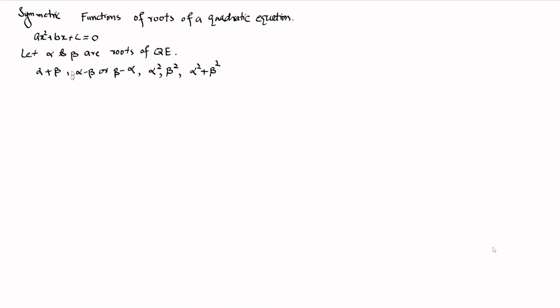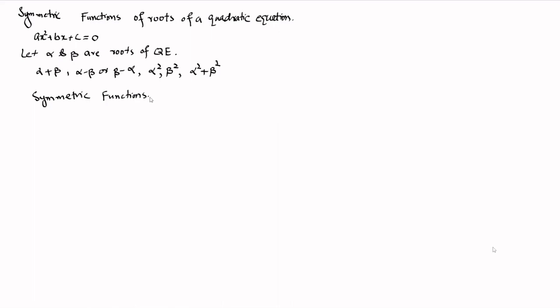Now what is a symmetric function? Symmetric functions are those functions in which if the variables, now these are the coefficients, but for a function these will be considered as variables that can take different values.